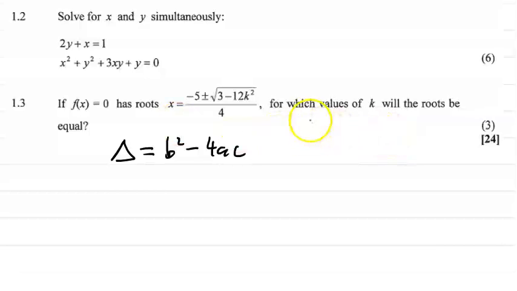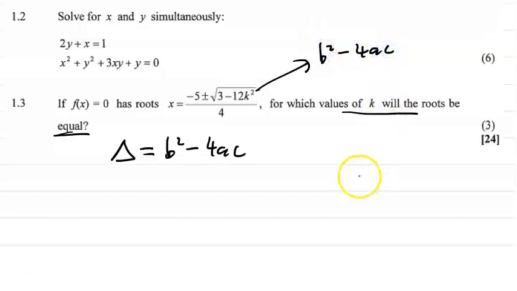So they say, for which values of k will the roots be equal? If f of x equals 0 has roots x equals minus 5 plus minus the square root of 3 minus 12k squared, over 4. Now remember that delta is underneath the square root sign, so underneath the square root sign is b squared minus 4ac, which comes from our quadratic formula.